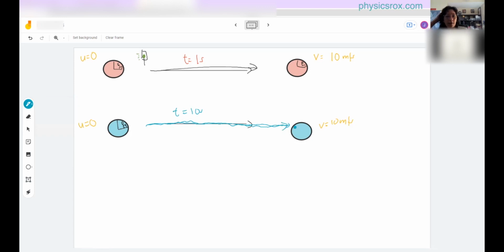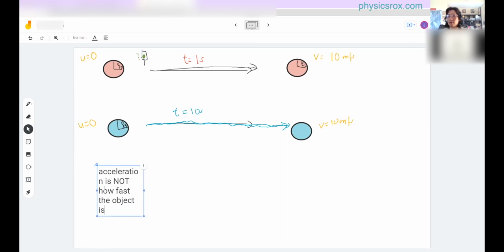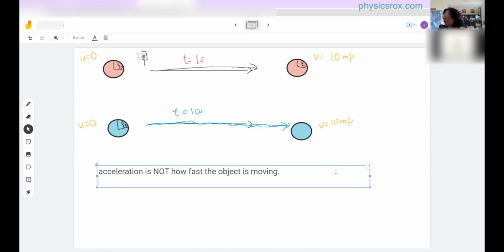Acceleration is not how fast the object is moving. Acceleration is how fast it can reach that speed. They go vroom, very fast, or slowly, then eventually become fast. That's acceleration. Okay, I better write proper English.